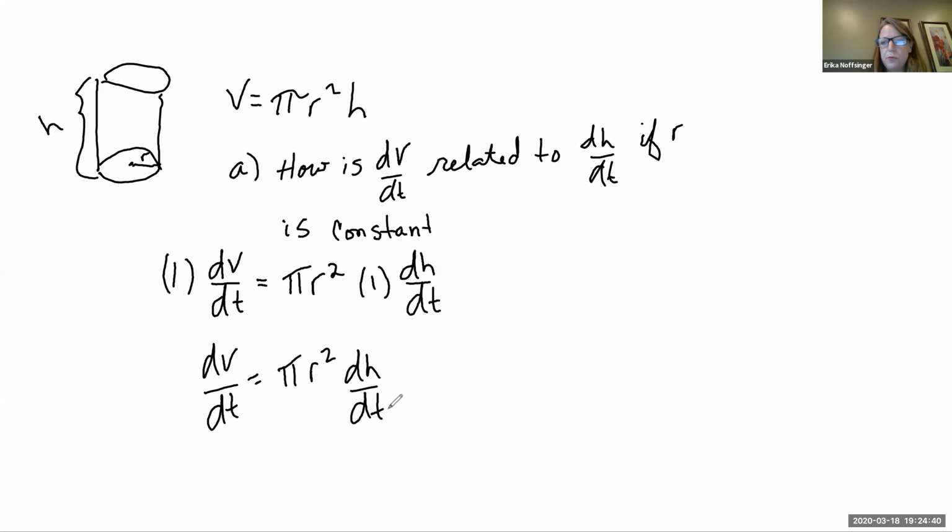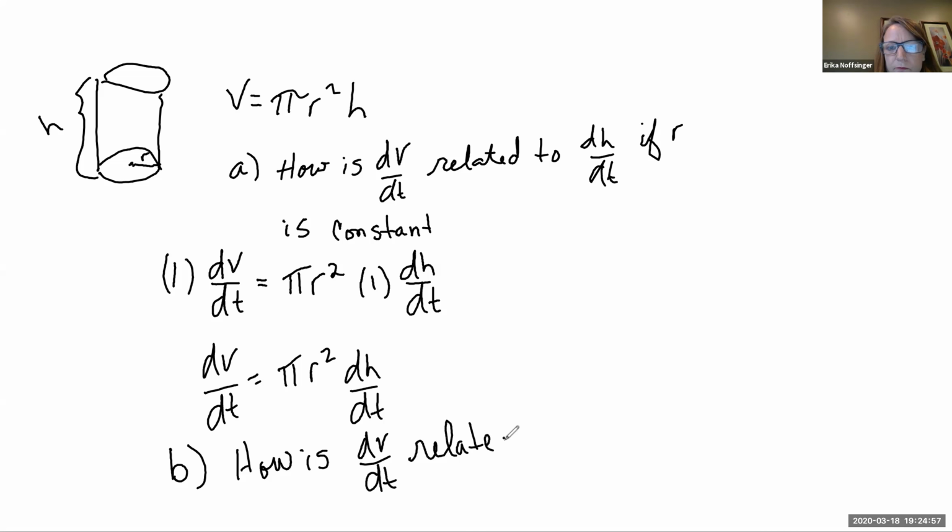And so that's what part B is asking. So same sort of thing, but how is dV dt, the volume with respect to time, that rate of change, related to dr dt if h is constant?